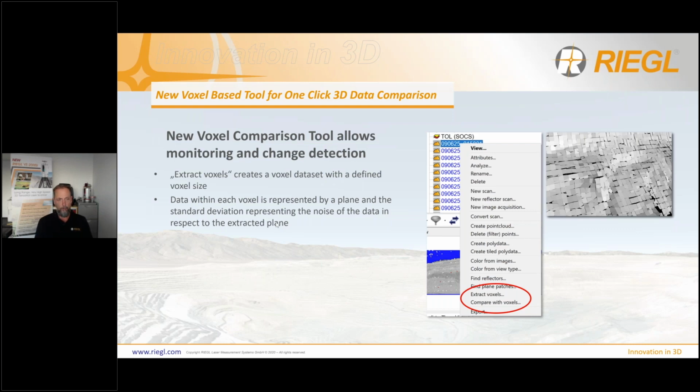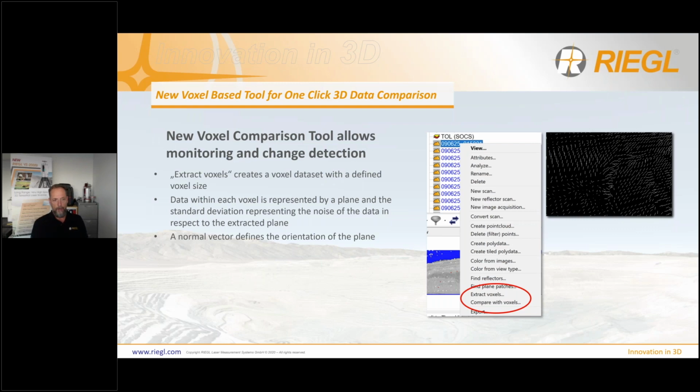We are estimating a best fitting plane, the standard deviation value representing the noise of the data with respect to the extracted plane, and we are also automatically getting a normal vector for each and every voxel. This with only one mouse click.